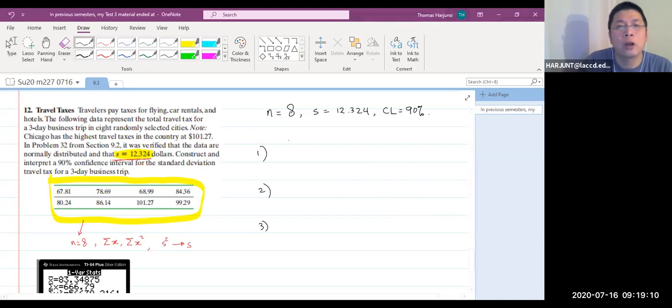So chi-squared right will be inverse chi, 90%. So the area to the right is 0.05. Degree of freedom is 7.